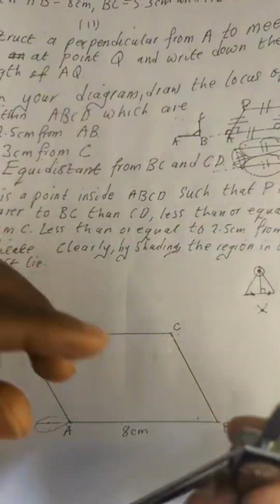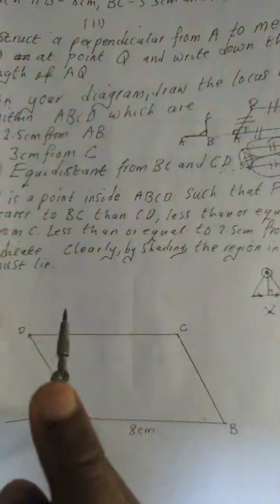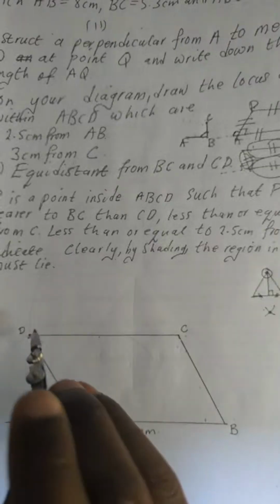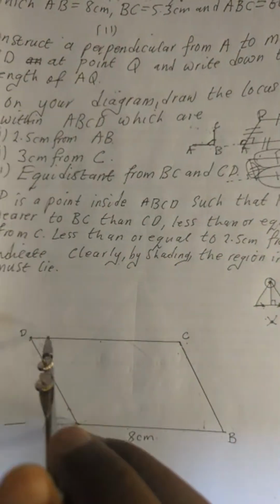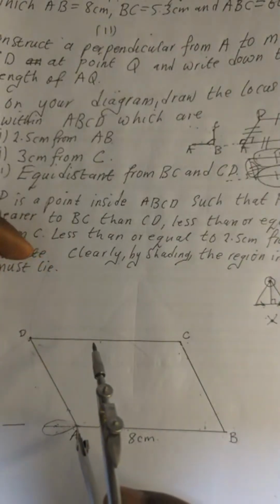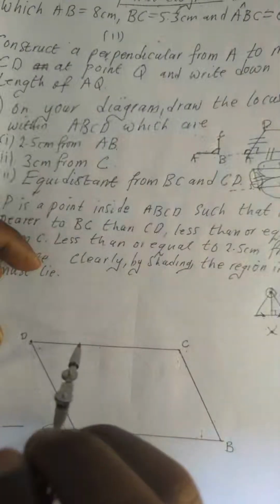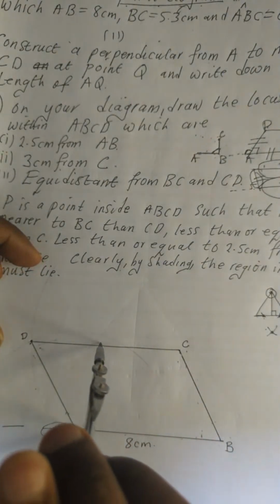Okay, so we stand on A. Our aim is to cut CD at 2 points. So we're going to adjust the length of our compass so that it cuts CD at 2 points. Maybe this is good, so it will cut CD here and here.